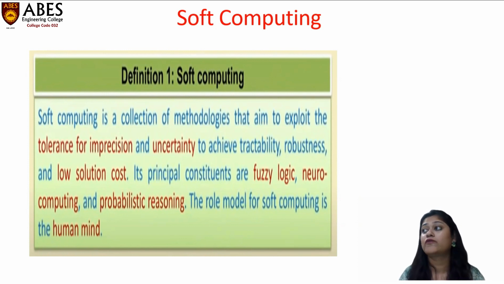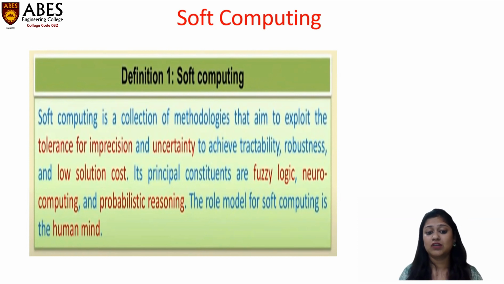The role model of soft computing is the human mind. In this definition I have underlined a few terms used to define soft computing: tolerance of imprecision, uncertainty, low solution cost. Hard computing is totally different.